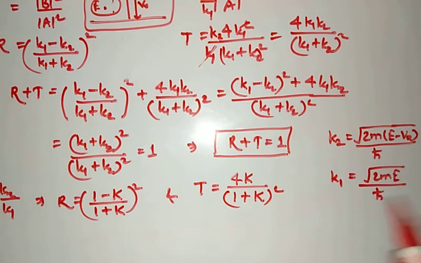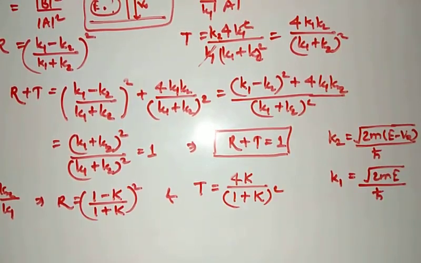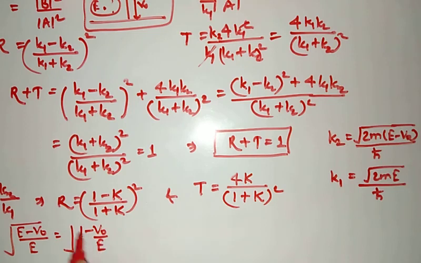So now dividing k2 by k1, ħ will be cancelled out. We will get under root (E minus V naught) by E, or we can write under root 1 minus V naught by E.